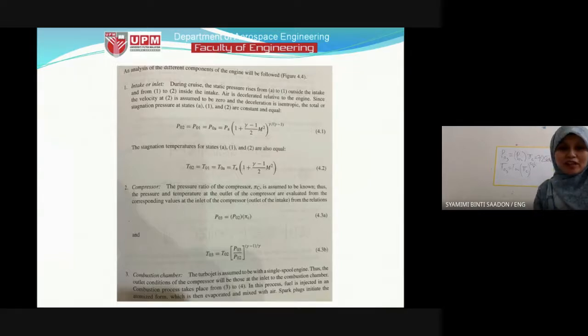So we have T total 3, which is around 587.5 Kelvin. So the same method, sebab tu saya buat cepat-cepat. So P total 3 is 725, T total 3 is 587. You just use back this isentropic equation for ideal gas.